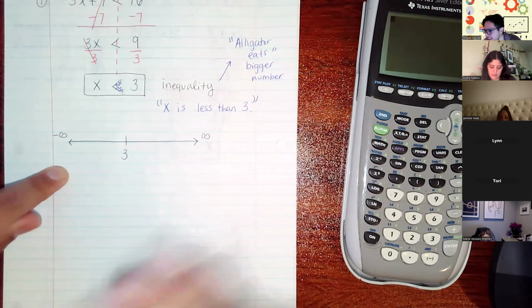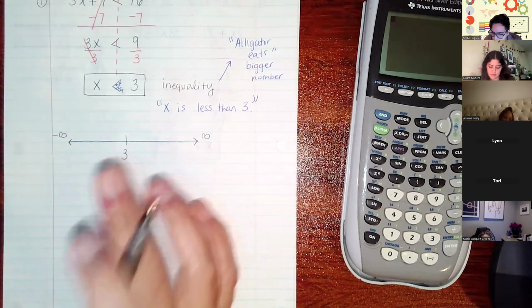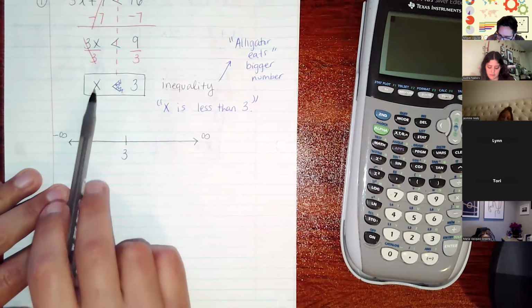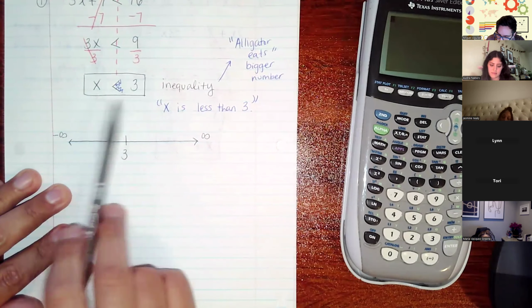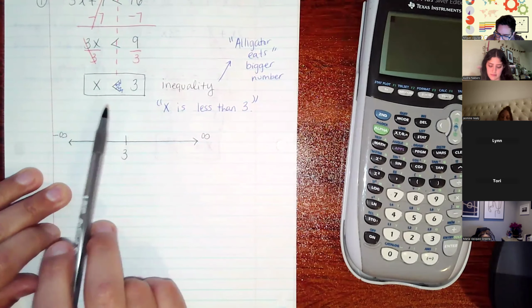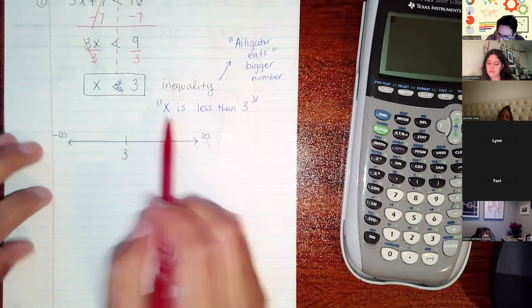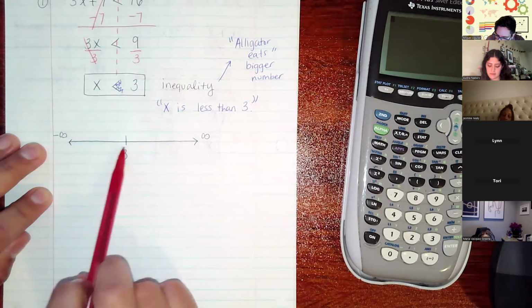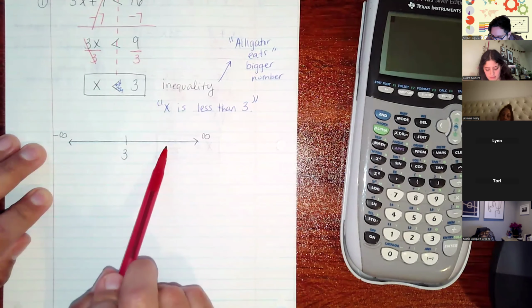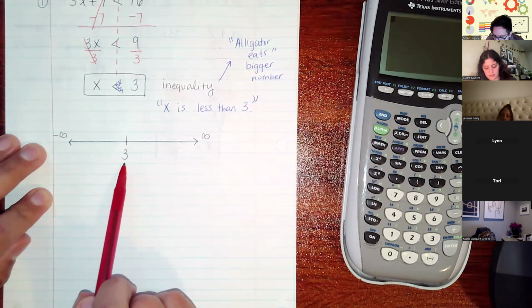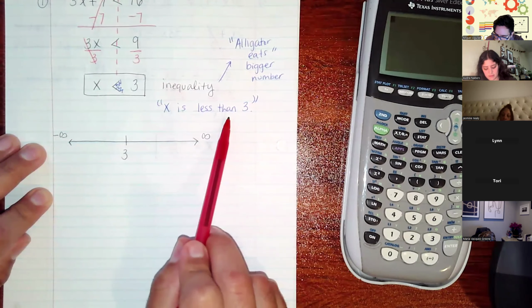And if I had a highlighter on me, I would highlight the region of the number line that's indicated by this inequality. So think about it this way. X lives either to the left or to the right of this number 3, but it depends on what this inequality says.